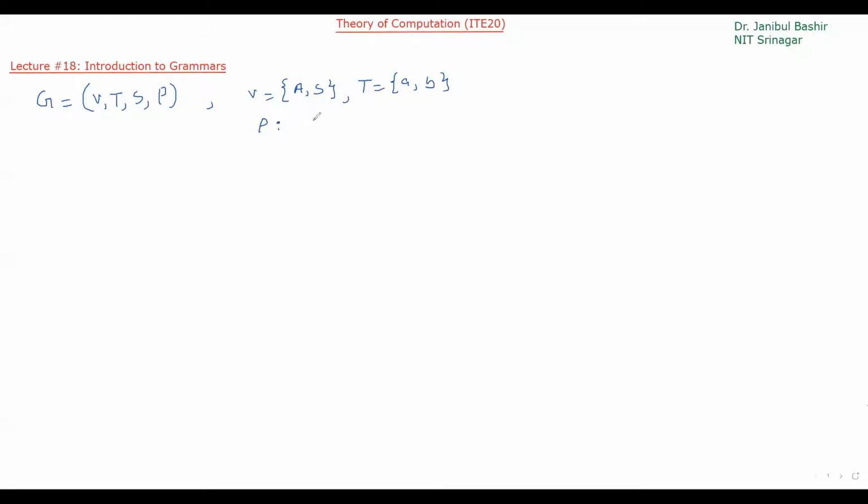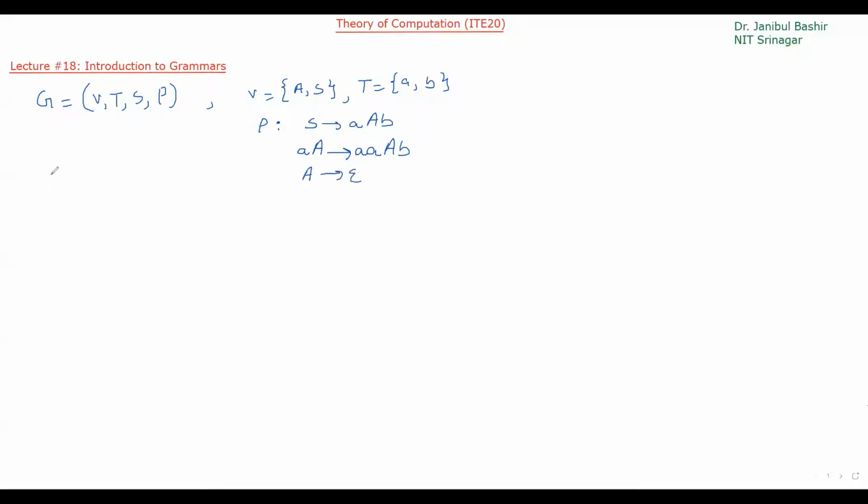The first production rule is S gives aAb. Second, A gives, if there is small a and capital A, terminal and non-terminal, it gives aA, and third is A gives epsilon.